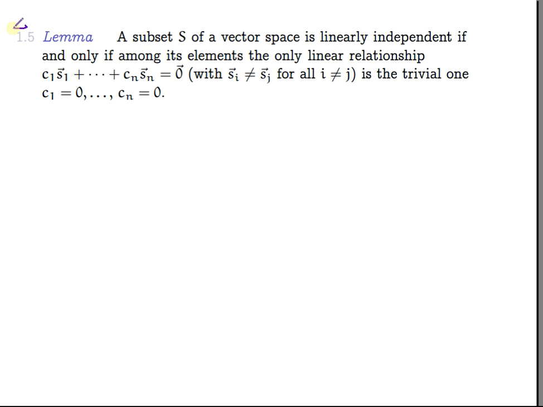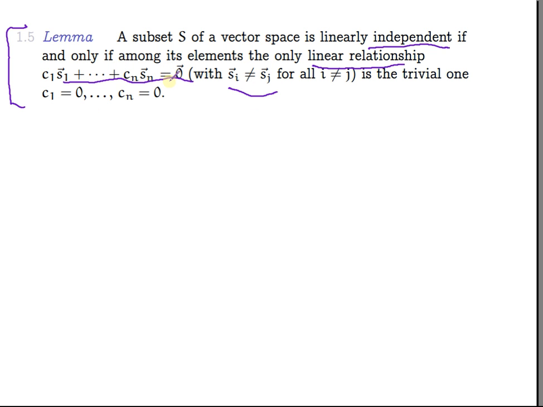All right, here's a lemma. A subset S of a vector space is linearly independent if and only if among its elements, the only linear relationship of this form, and notice these vectors have to be distinct vectors, is the trivial relationship where all of the coefficients are 0.